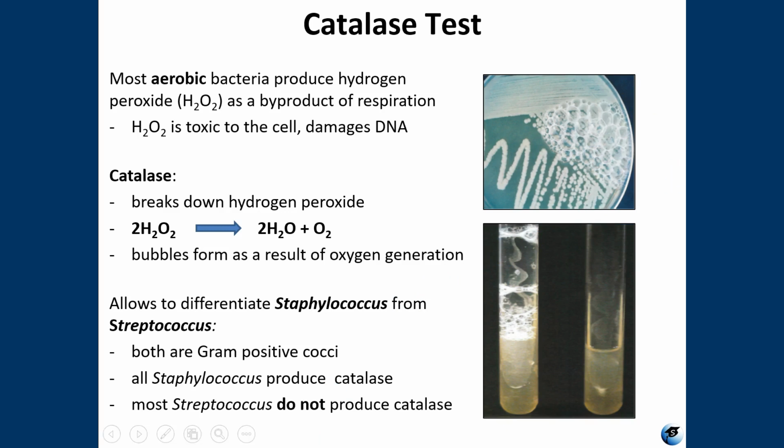This tube on the right down here is showing a negative result. That is, this bacteria does not produce catalase, but the other two do. In fact, this is why you sometimes don't want to put the hydrogen peroxide directly on your specimen, because these guys over here that are not producing catalase are actually being killed by the hydrogen peroxide.